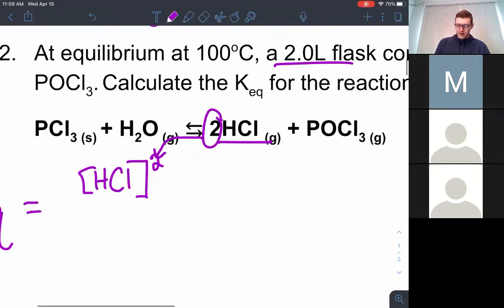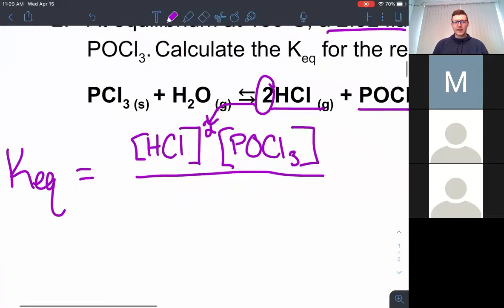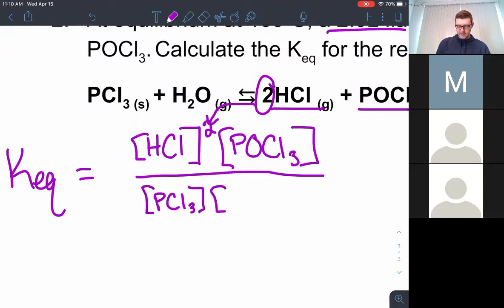We're then going to multiply it by the concentration of POCl3, and then divided by our reactants. So we take our concentrations of the 2 reactants on the bottom.